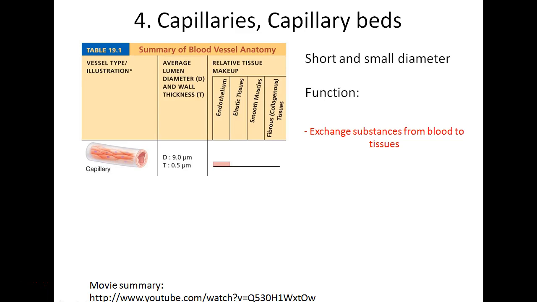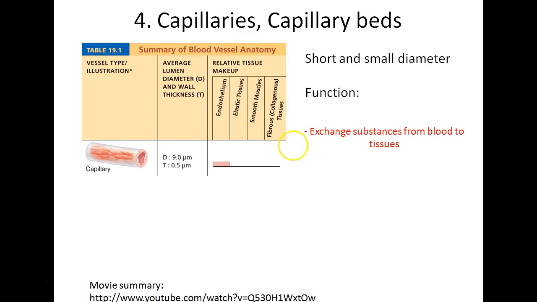And we arrive at capillaries and capillary beds. Continuing on with that same chart as the previous slide, notice how things like elastic tissues, smooth muscle, and fibrous tissues are gone. Again, the endothelium is continuous from the arterioles.